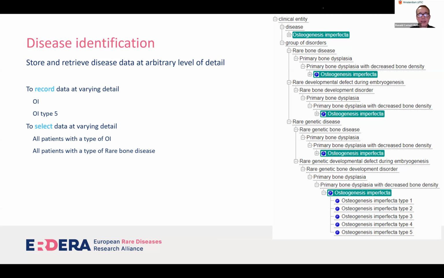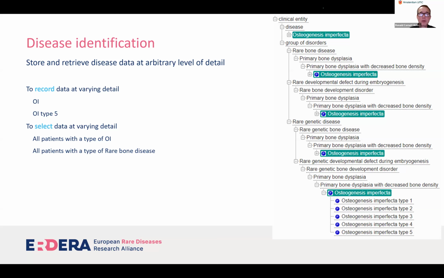So it is important that we can use both the coarser grained concept and a code for that, and the finer grained, like type 1, 2, 3, 4, 5. And it's not only about recording, but it's also about selecting because, especially when we want to use the data for research purposes, we may want to query.